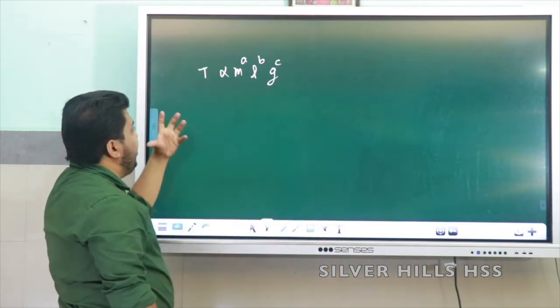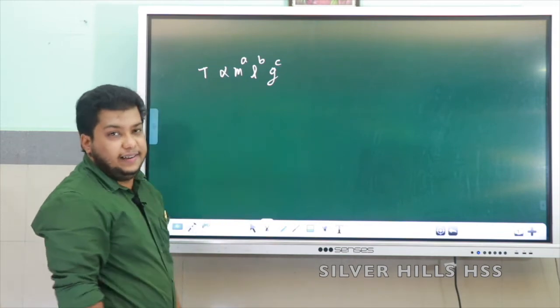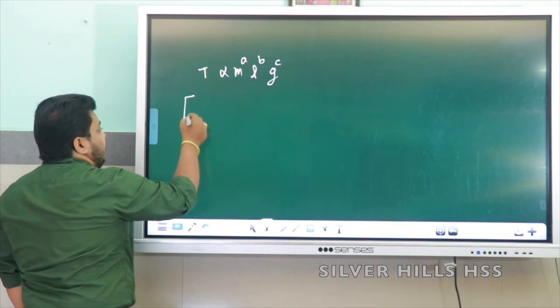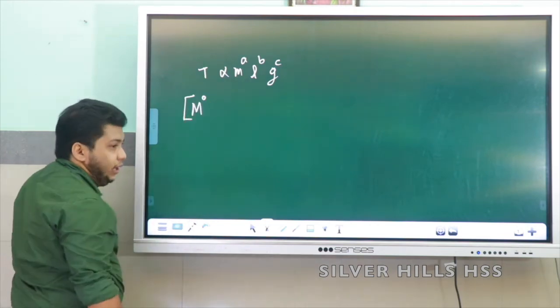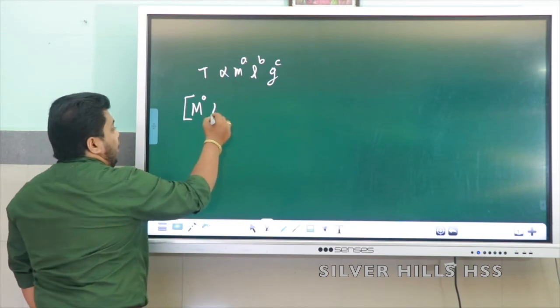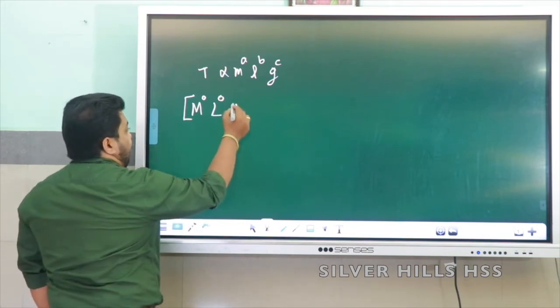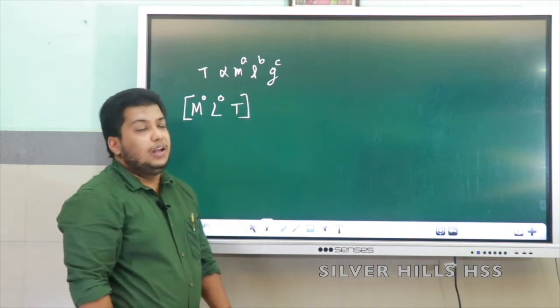For that we can take dimensions on the left side and right side. On the left side, the dimension of time, that means there is no mass, so M raised to 0, L raised to 0 and T. This is the dimension of time.